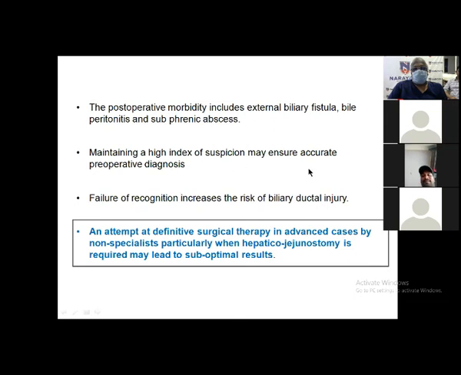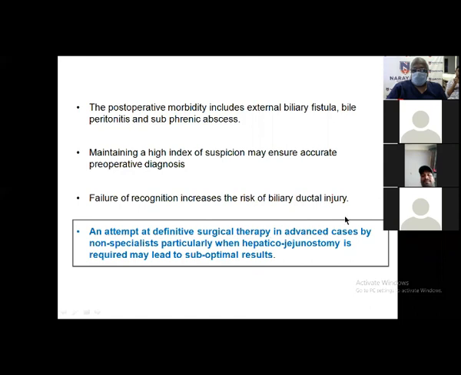High index of suspicion; failure of recognition increases bile duct injury. My children, I am telling you, if you are completely knowledgeable about the intraoperative extrabiliary tract anatomy, what is going on in the free border of the lesser omentum, what its relation is to the right hepatic artery, what its relation is to the portal vein, how it divides, if you know everything, one of the easiest things to do in gastroenterology is bile duct surgery, extrahepatic biliary duct surgery.